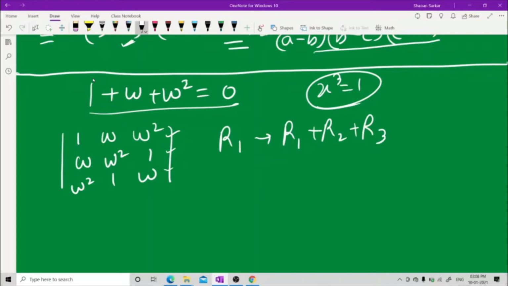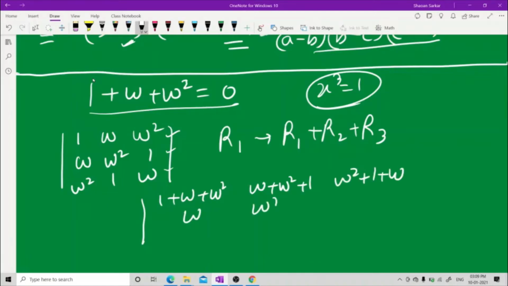So the first row is now replaced with 1 plus omega plus omega square, omega plus omega square plus 1, and omega square plus 1 plus omega, and the other rows remain. Now I take this common out from all of the row.